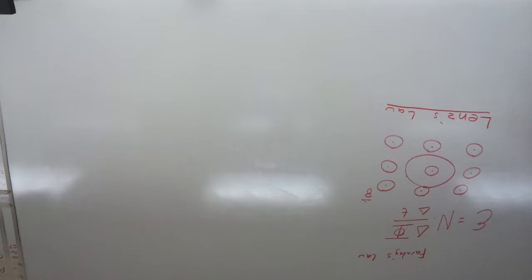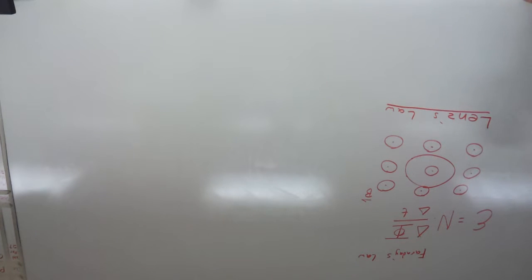Okay, Lenz's law says, and this is kind of confusing wording, so bear with me, Lenz's law says that the direction of the induced current is that which maintains magnetic flux. The direction of induced current tries to keep magnetic flux the same.